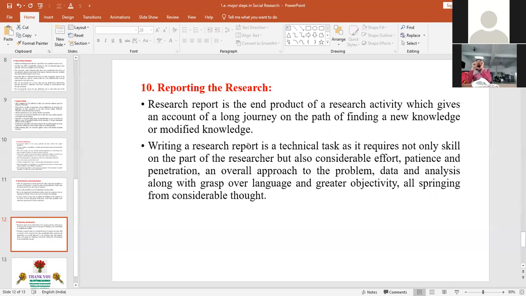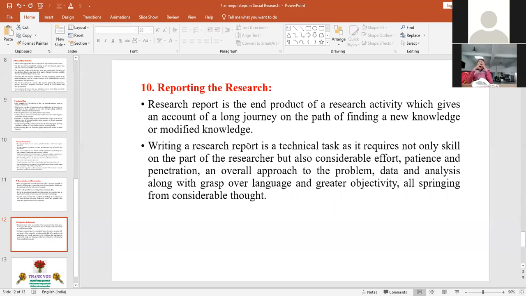It requires not only skill, it also needs patience and penetration from the researcher, an approach to the problem and the data, and analysis of data, along with the grasp of the various components.